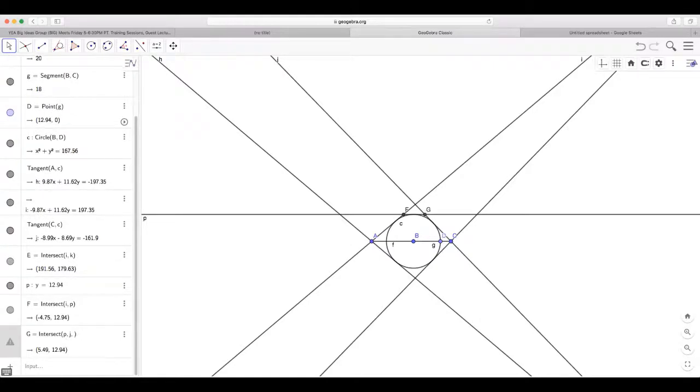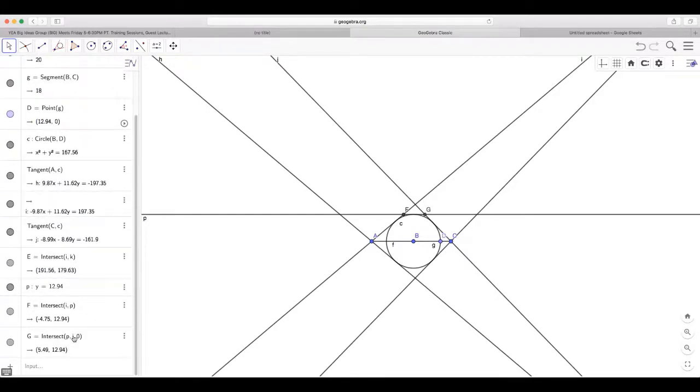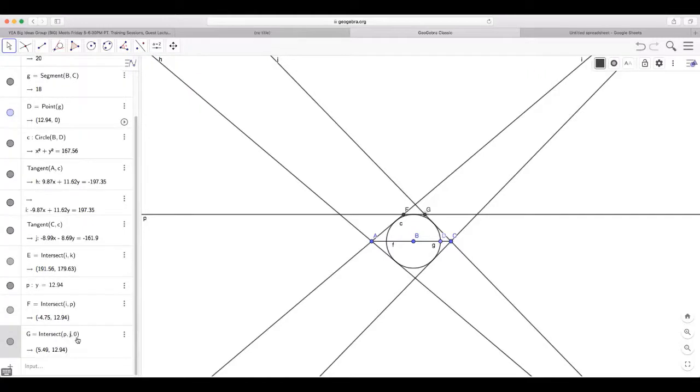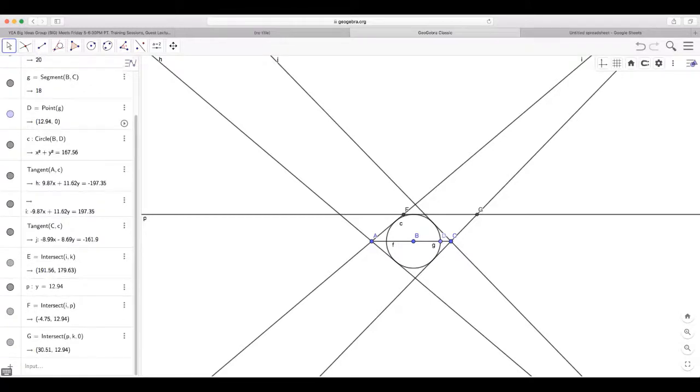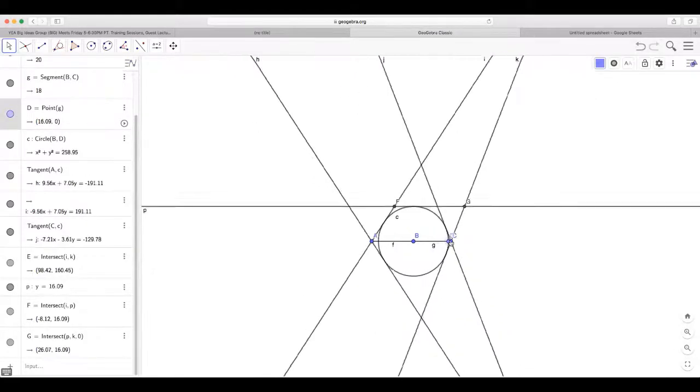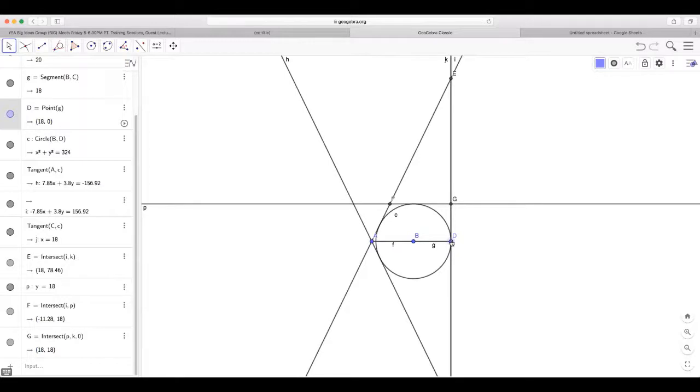Nope, wrong index. Oh, it has to be 0. Yeah, we want that length to be maximal. Let me see if it ever reaches 37.